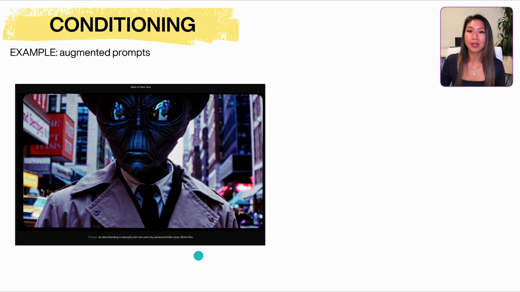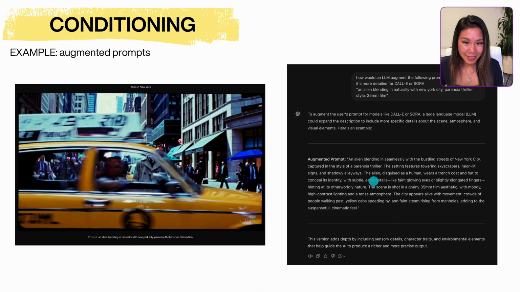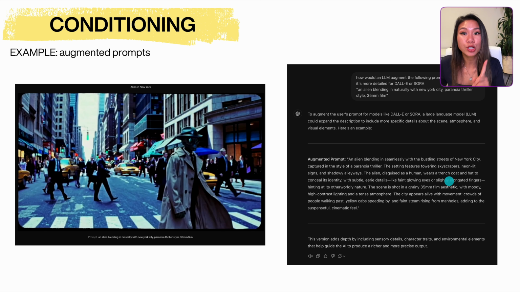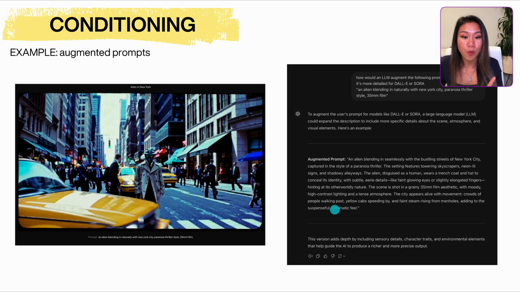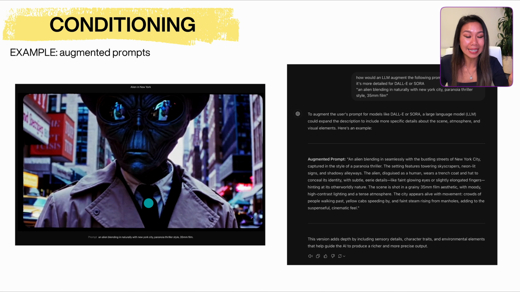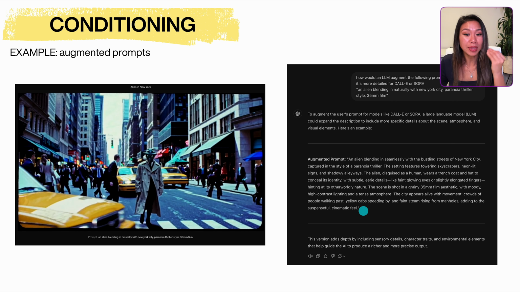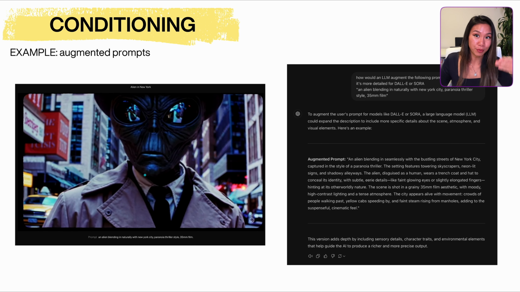Rather short, so I decided to pass it into ChatGPT and have it augment it for me with more details. It reads, "The alien, disguised as a human, wears a trench coat and a hat, faint glowing eyes, crowds of people walking past, yellow cabs speeding by." That is exactly this video here.